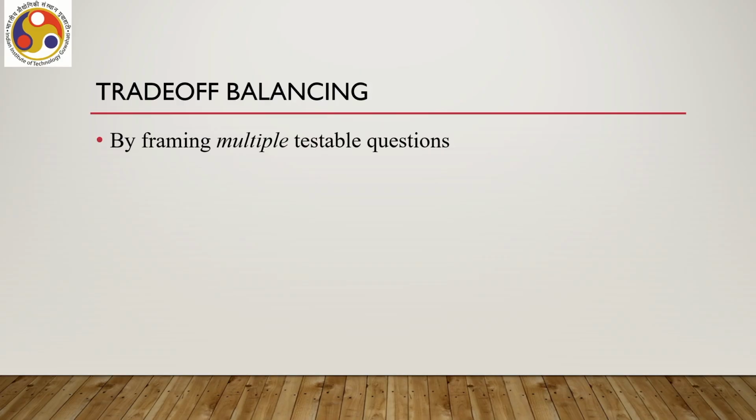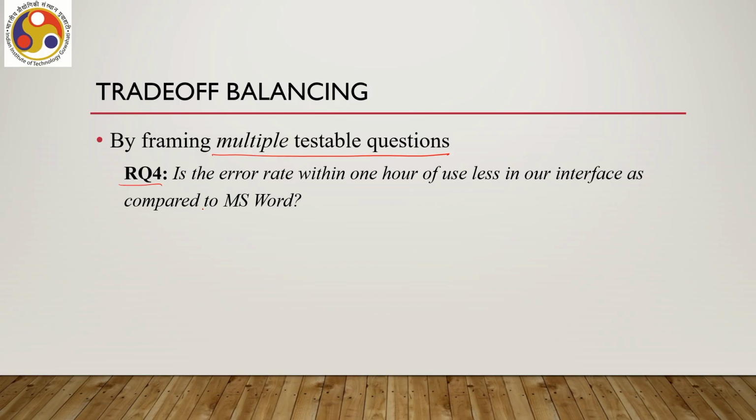To balance the trade-off, what we need to do is frame multiple testable questions, and from the conclusion of each of those questions, we can sum up and come to a conclusion for the generalized or untestable question. Say RQ4: is the error rate within 1 hour of use less in our interface as compared to MS Word?